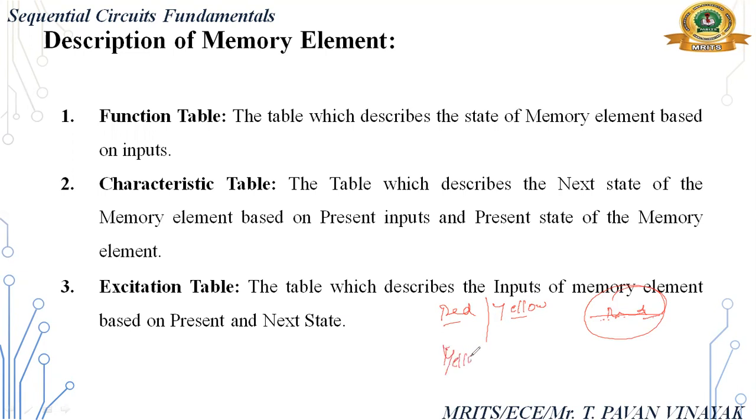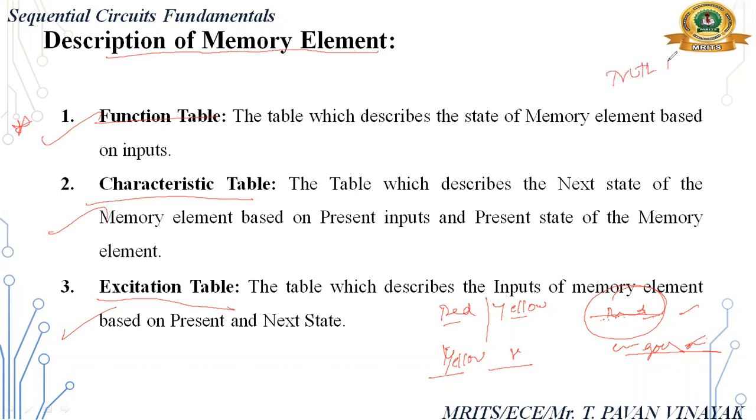Suppose I give yellow and green, then everyone goes. Based on present and next state, we expect the inputs. That table is called the excitation table. These are the three basic tables to represent the memory element. Here there is no truth table. Truth table is used for combination circuits only.